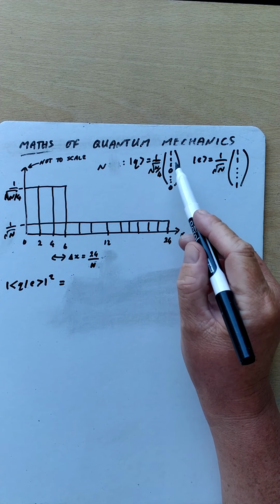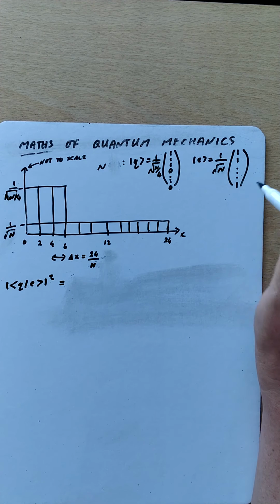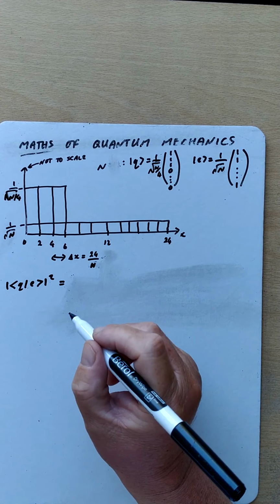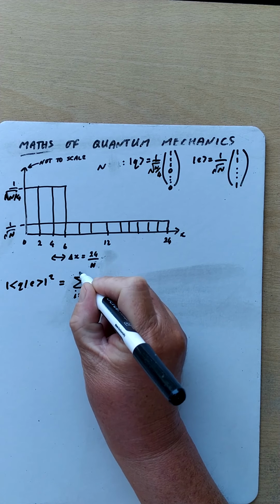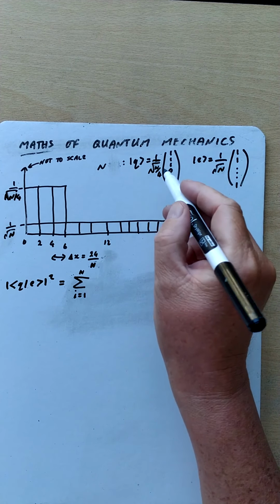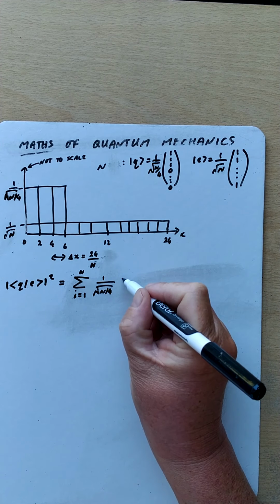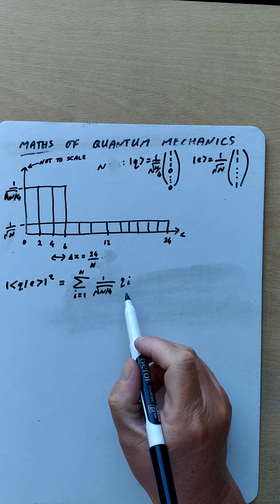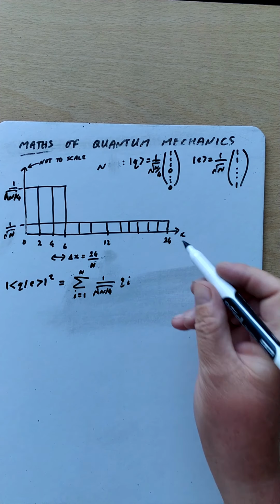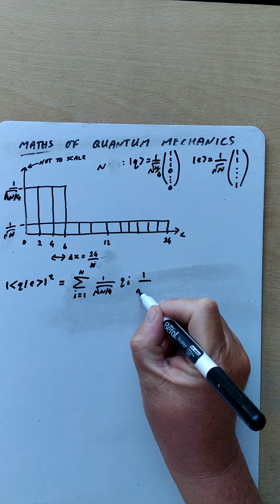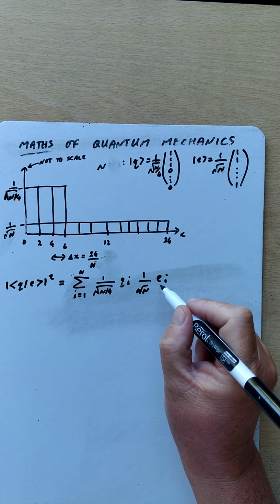If we call each of these entries Q1, Q2, Q3, or Qi, and these E1, E2, up to En, then we can write that calculation down as the summation from i equals 1 to n, and we have the normalization constant for this, which is 1 over root n upon 4, and Qi, remembering that Qi is 1 up until i equals n upon 4, and then we have 1 over root n here, and we have Ei, and each of these has the value 1.